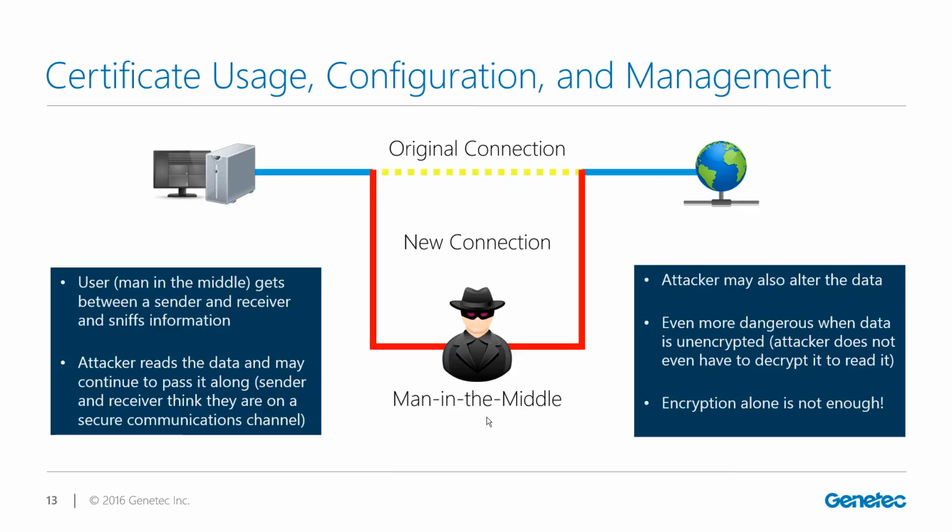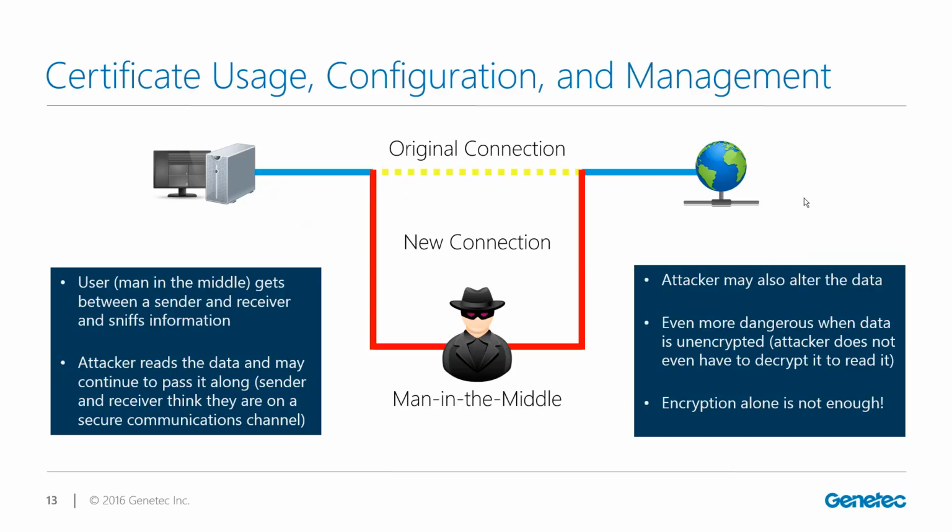But encryption isn't enough. We're going to see that just because he can't see the data doesn't mean that he can't stop it or modify it or do anything like that. And the endpoints won't even know that it's not coming from a valid source at that point too.